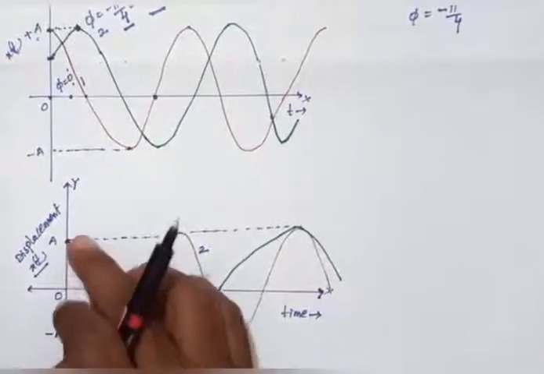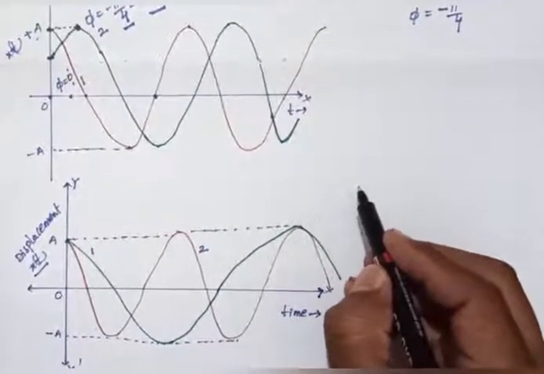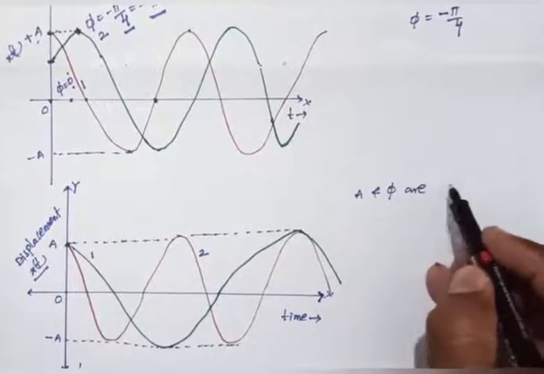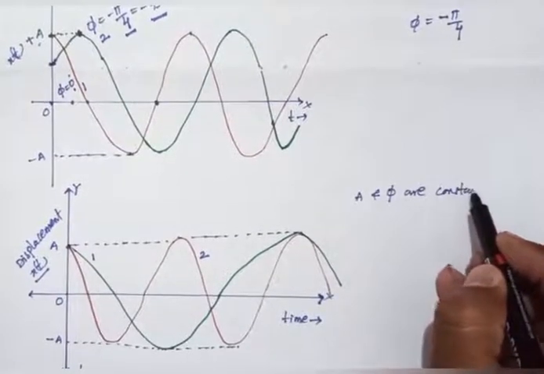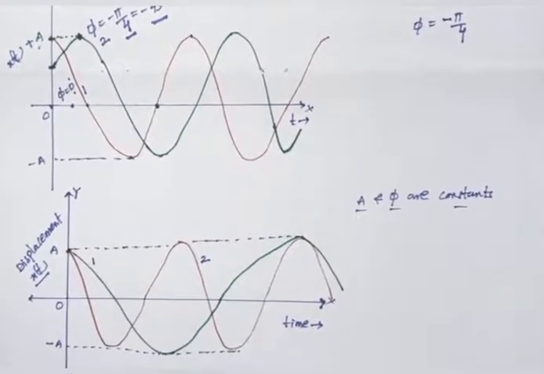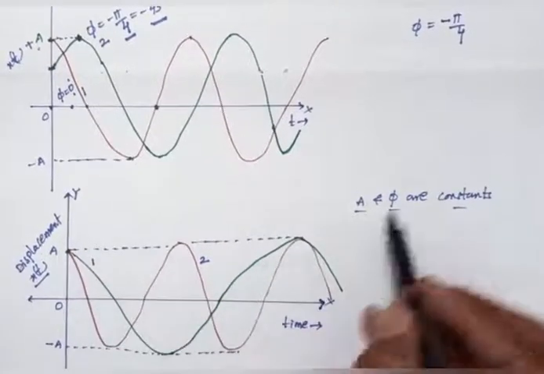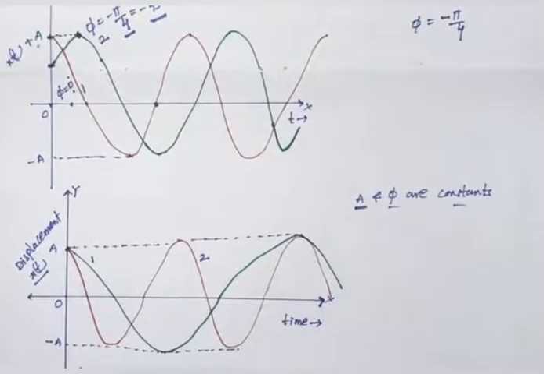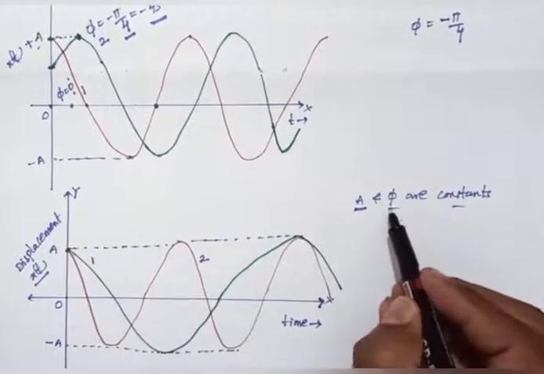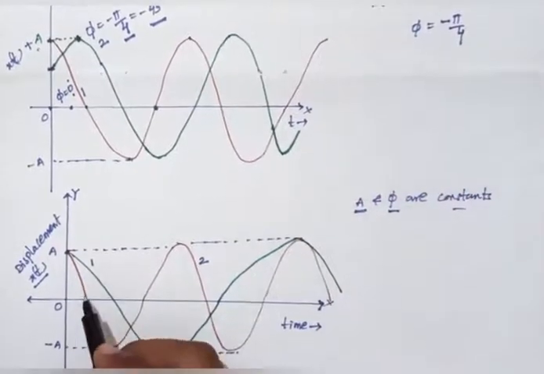Here the amplitudes are the same and the phase angles are also the same, so amplitude and phase constants are constant, and there is no phase difference. There is no difference in the phase angles and amplitudes, but there is a difference in omega, the angular speed or angular frequencies.